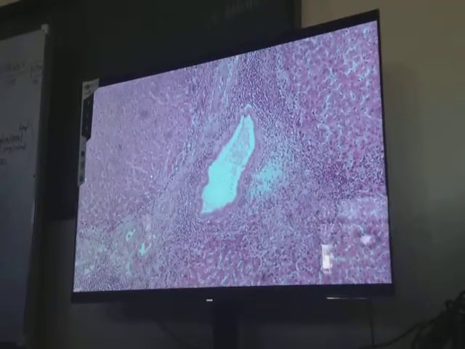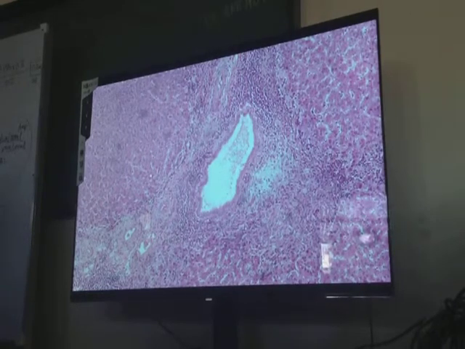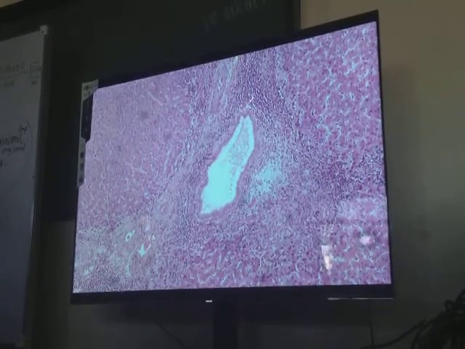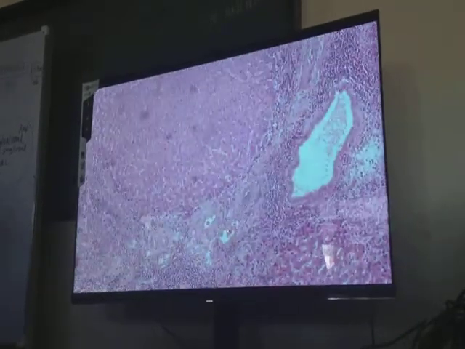Just like what we have seen in sclerosing cholangitis. So there, bile duct surrounded by infiltrates of leukocytes. But the earlier one was more representative.